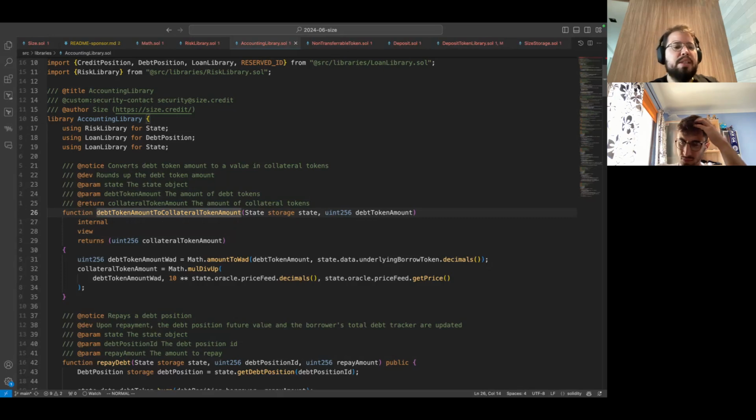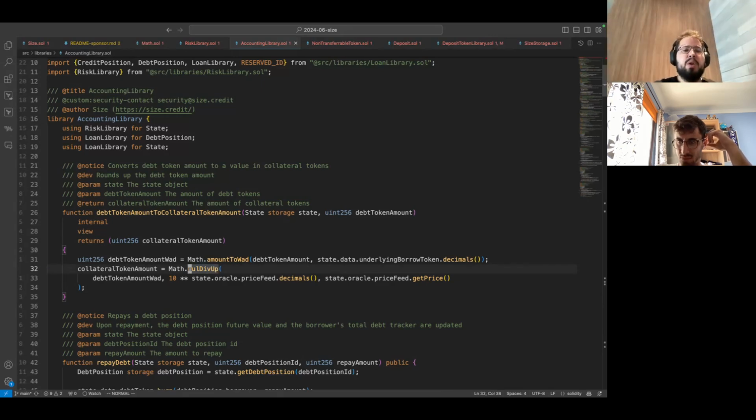And here, since you are talking about that, you should be rounding up because basically the user would need to pay a little bit more than what they owe, so that they can't abuse the fact that they are getting away with some dust amount because of the rounding. So here we are explicit about rounding up because this function is used whenever we need to take collateral out of the user.